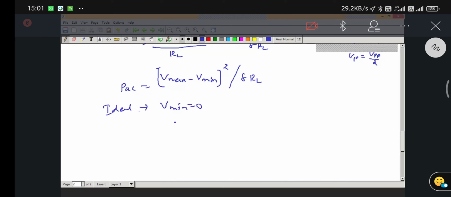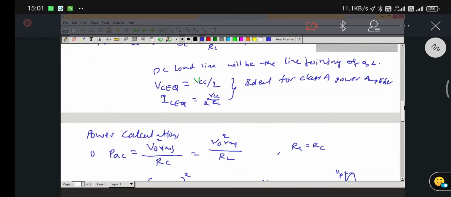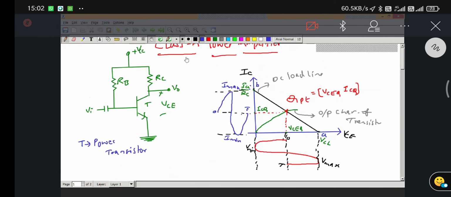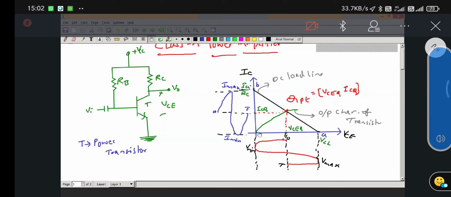V minimum will be 0 and V maximum will be VCC. You can observe here, our V maximum will be VCC, right? So this is the V maximum, VCC, and this is the V minimum, that's 0, in the ideal case. So VCC is the maximum value, 0 is the minimum value.